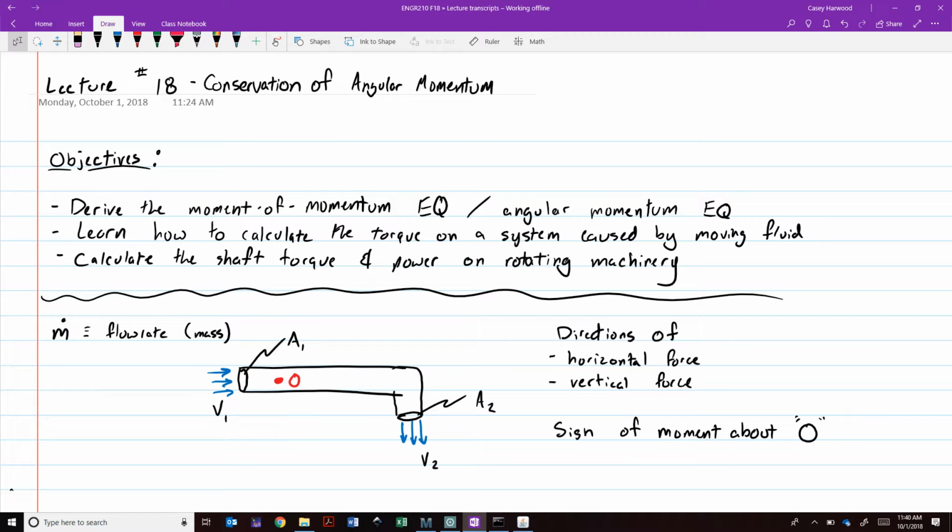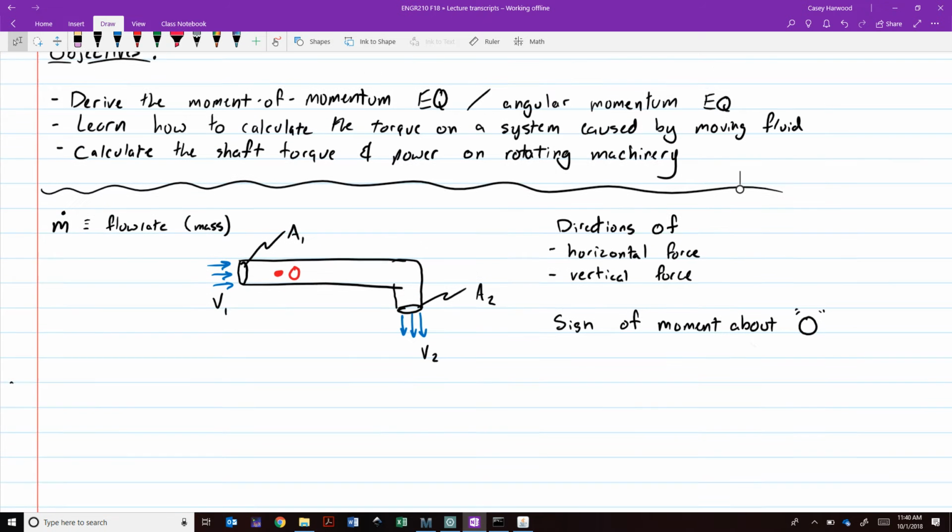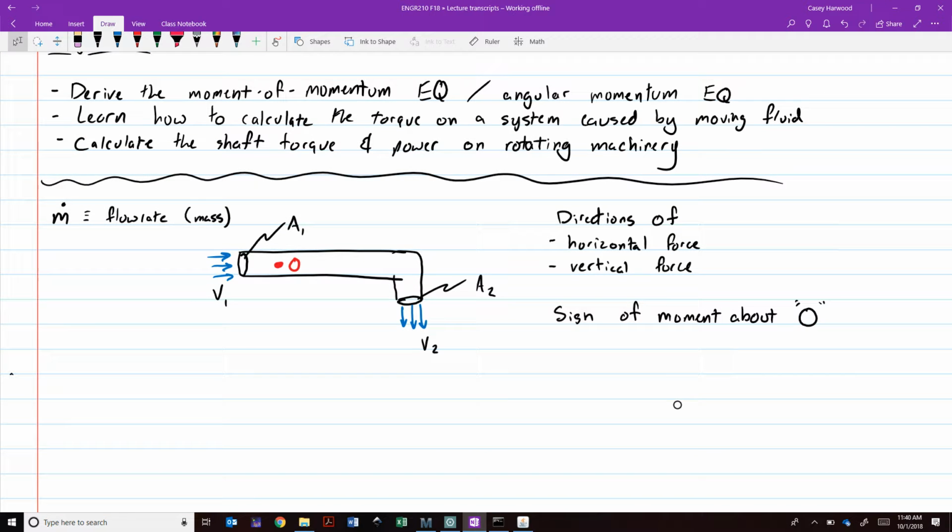Think back to Wednesday, where we talked about the force on a control volume, or the contents of a control volume. If it's steady flow, which in this case we'll assume, it's basically the difference between the momentum going into a system in each direction and the momentum coming out of the system.